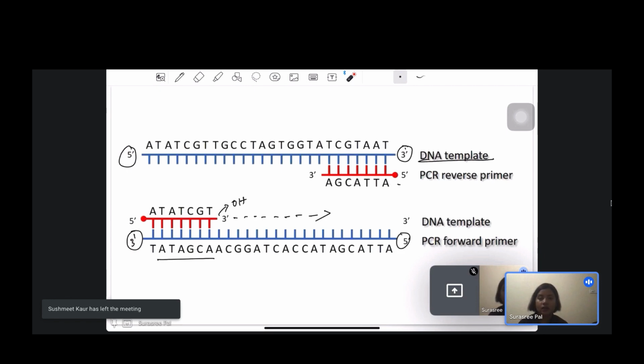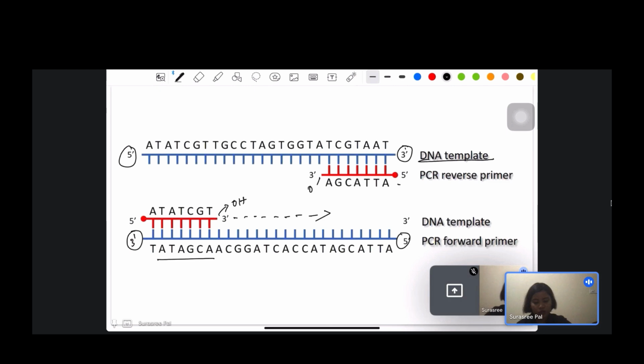This also provides a 3' hydroxyl group, from which the polymerase can keep on synthesizing or adding new nucleotides, right?